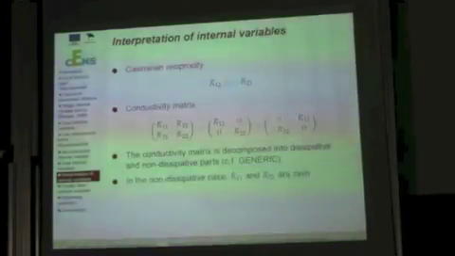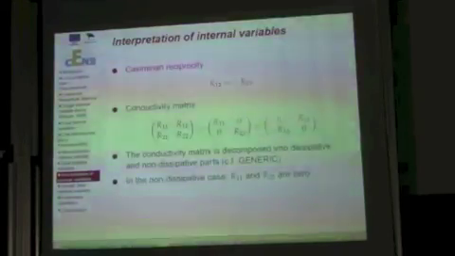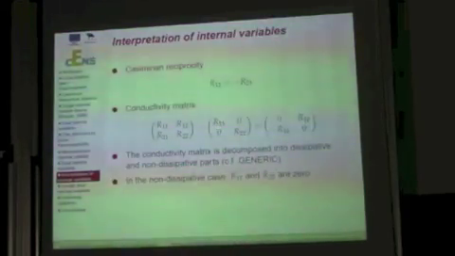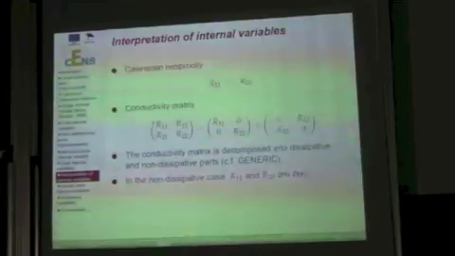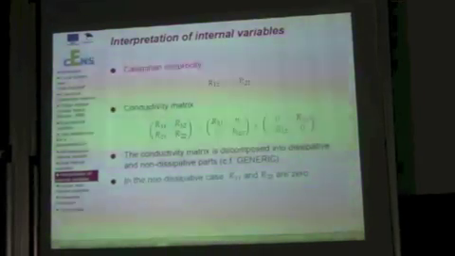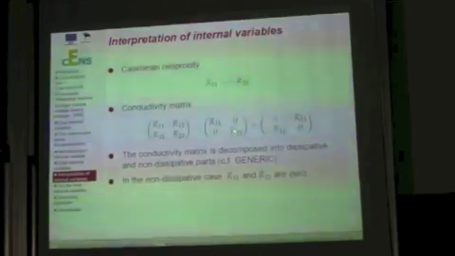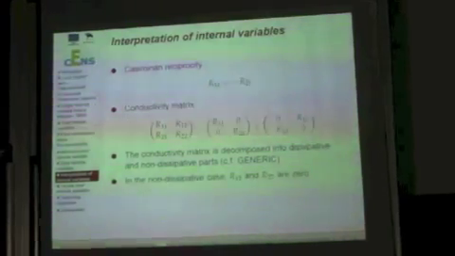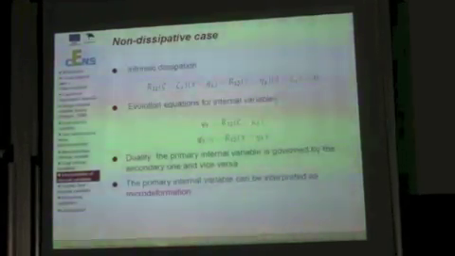But if we apply canonical reciprocity, which is this one, we obtain the symmetric part and antisymmetric part, so the symmetric part mostly contributes to the dissipation, and this is the non-dissipative part like in the generic case. So in the purely non-dissipative part, capital R11 and R22 are 0, and we have zero dissipation, and we obtain something like that.